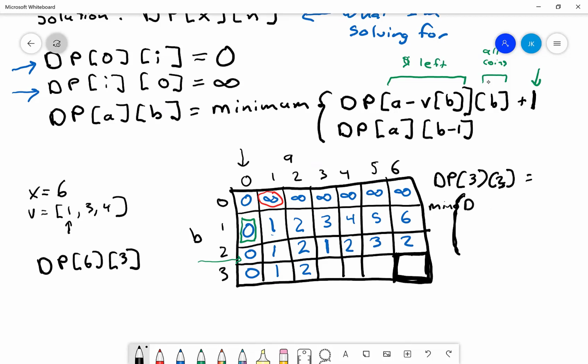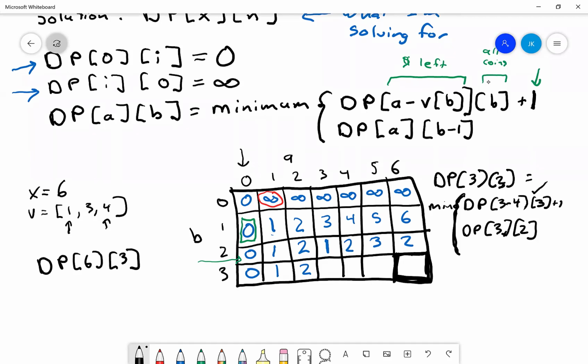But the way that looks is we would say this is going to be dp of 3 minus 3 with 3 plus 1, or dp of 3, 2. Okay, and so, sorry, dp of 3 minus 4. Sorry, on our third coin now as value 4.